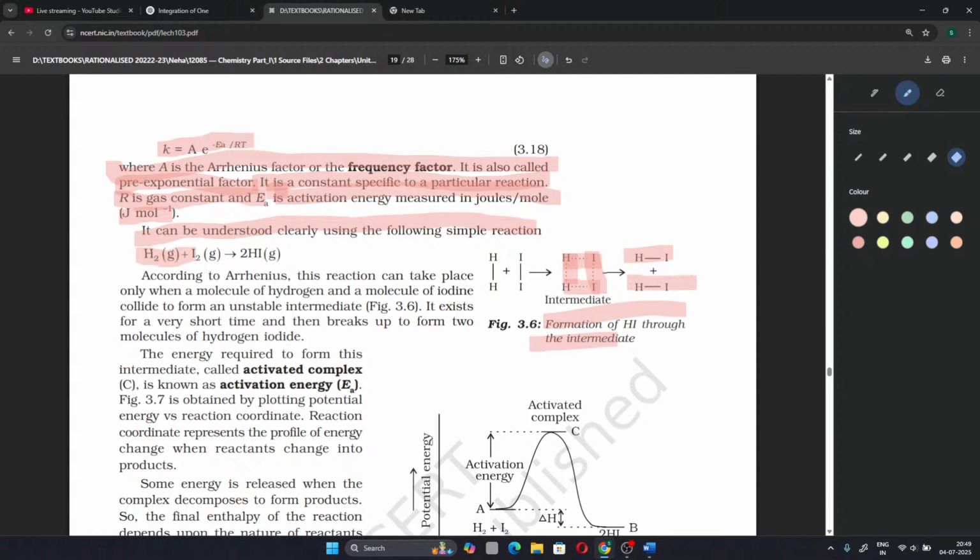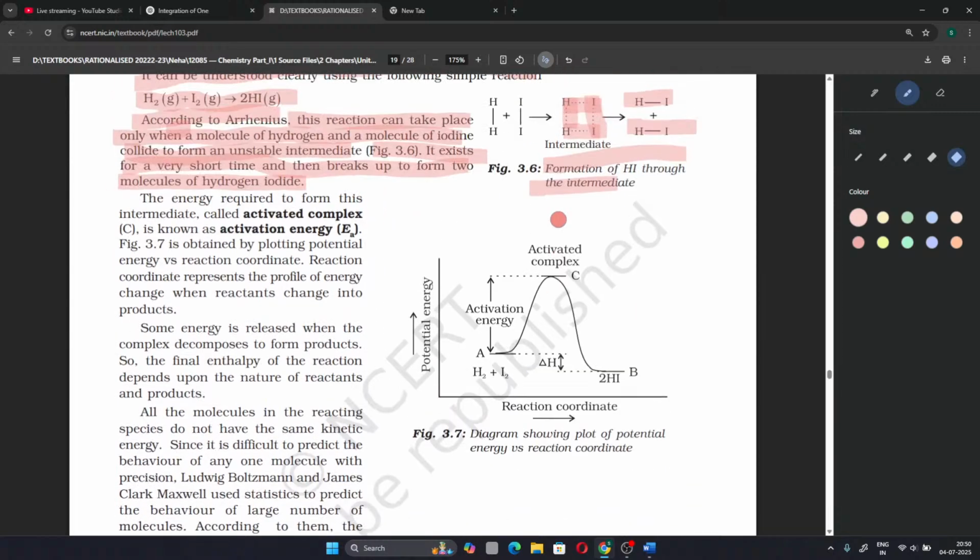H2 gas reacting with I2 gas gives HI. According to Arrhenius, this reaction can take place only when a molecule of hydrogen and a molecule of iodine collide to form an unstable intermediate. This intermediate exists for a very short time and then breaks up to form two molecules of hydrogen iodide.